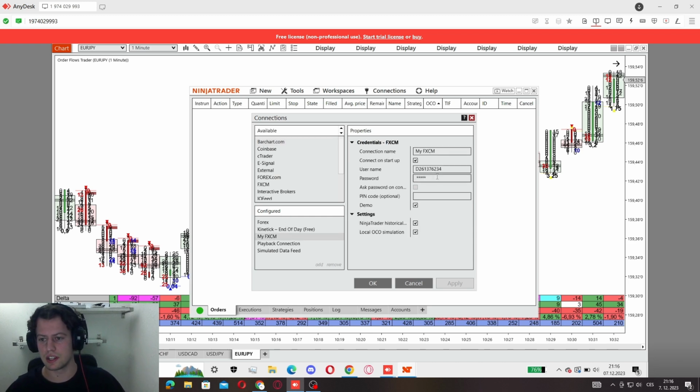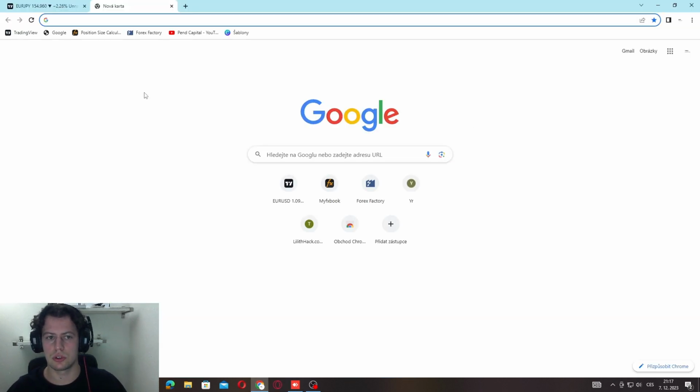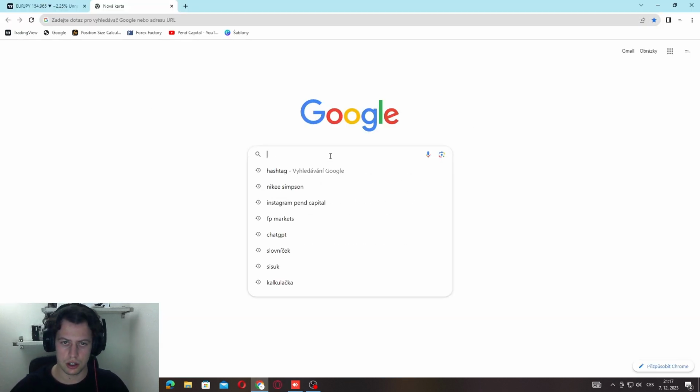You will receive some kind of login and password, you just type it in, and these are the settings. You just have demo and historical, because you need data. But I will show it to you here.